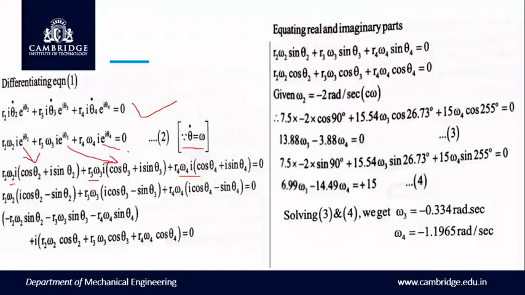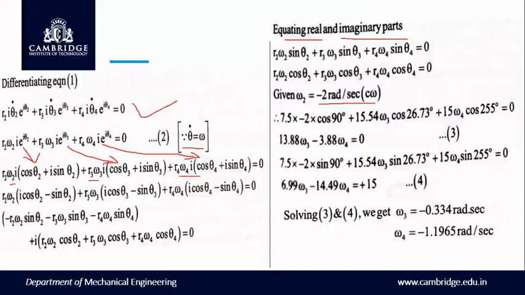The procedure is the same as what we explained in the slider crank mechanism. Then we expand the brackets and equate the real part and imaginary part. If we separate the real and imaginary parts, then we substitute the values which are known.